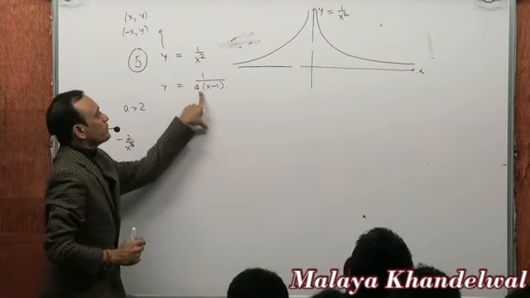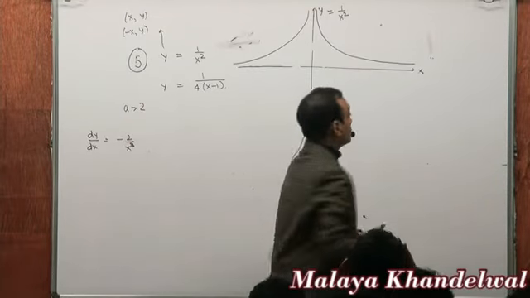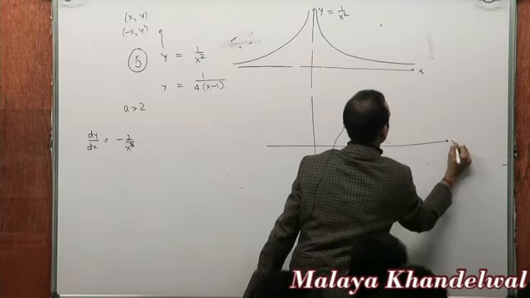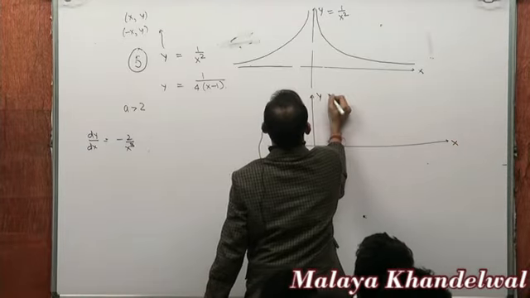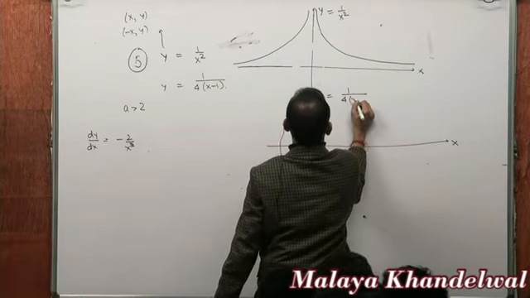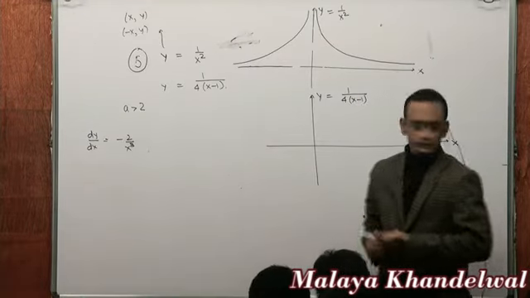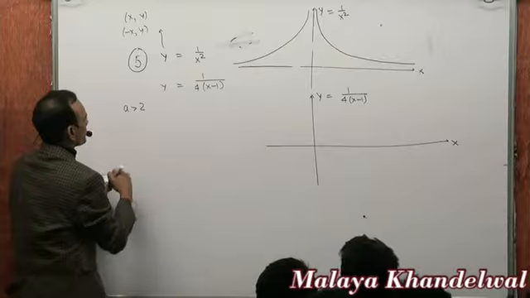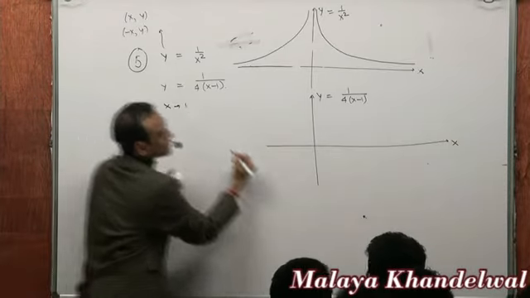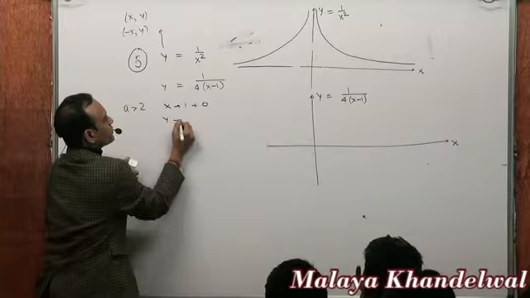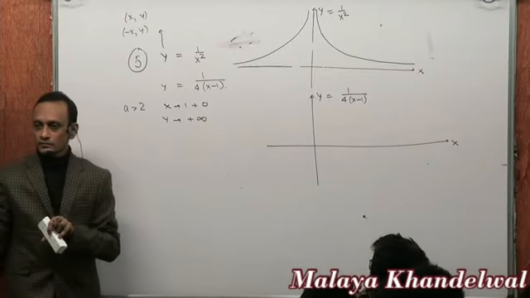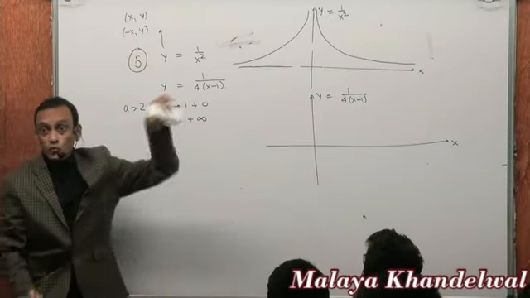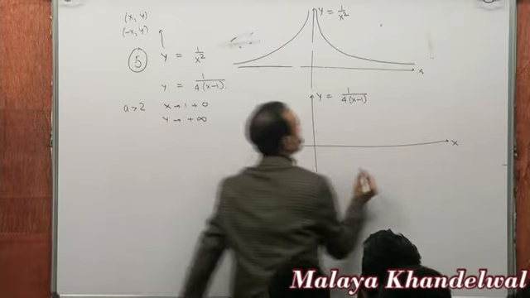Then next, y equal to 1 by 4 into (x minus 1). Do you realize as x tends to 1 from the greater than 1 side, y tends to plus infinity? x equal to 1 is a vertical asymptote, right?